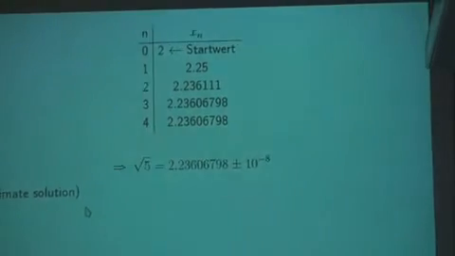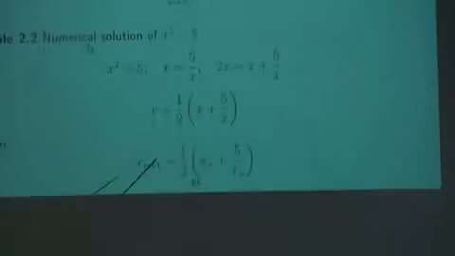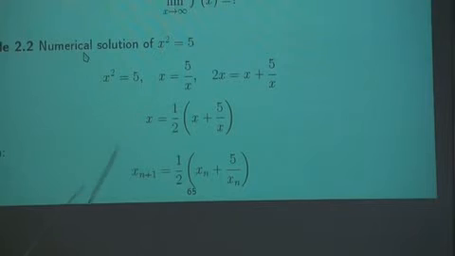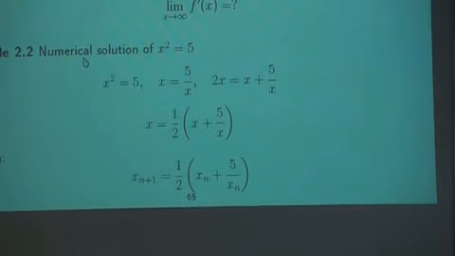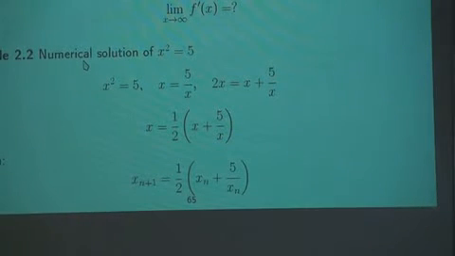And this is actually what your pocket calculator does. Whenever you compute the square root of a, it puts a here and iterates until it's exact enough.